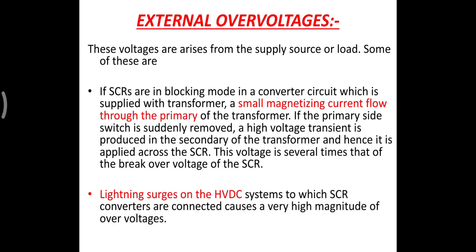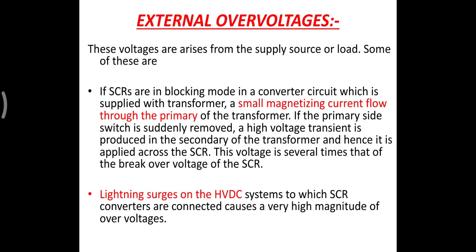See here, the first one is because the transformer contains some magnetic leakage current. This current flows through the secondary side also. When there is a switching operation and these magnetizing currents are flowing, large voltages are generated. These large voltages are connected across the SCR, so because of this sudden voltage, the SCR may be damaged.